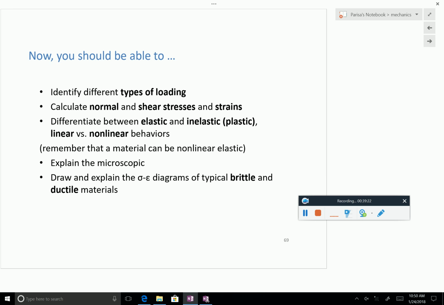What is the difference between linear, nonlinear, elastic, inelastic? And then what happens when we have elastic or plastic deformation at atomic scale? And how do, let's say, the brittle and ductile materials differ?